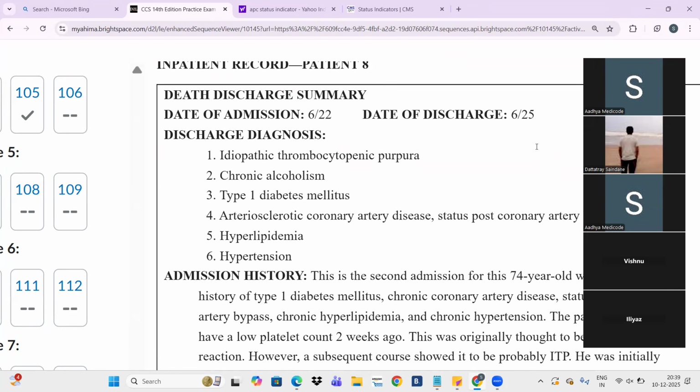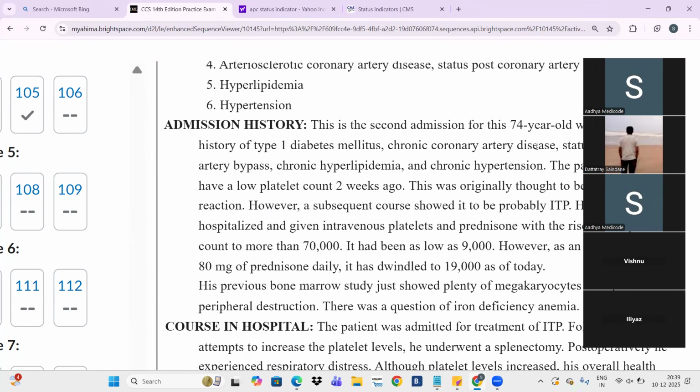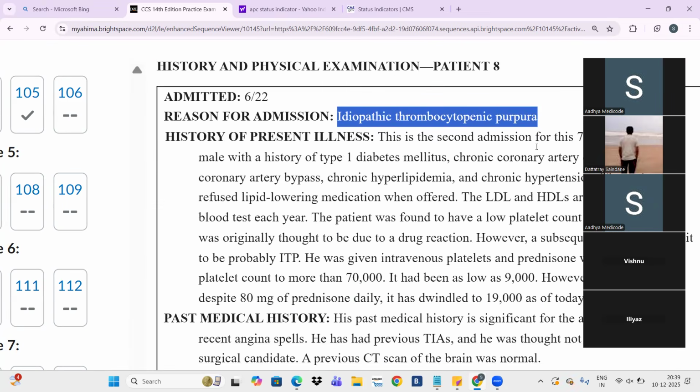Because for the reason for the admission, they did not give a symptom directly, they mention the condition. For that condition only they are admitting, so that condition should be the PDX. Clear?